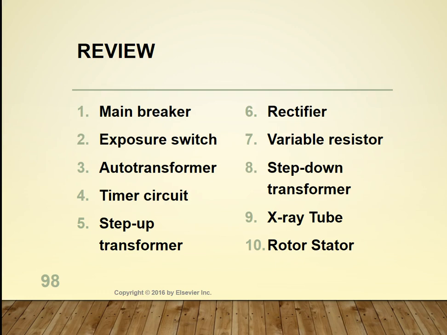And it adjusts the current, and then you have your step-down transformer, and this is what steps the voltage down, creating the ability for the current to go up. The tube itself is where the X-rays are created, while the rotor stator is rotating the anode. So that is the entire way that it works.